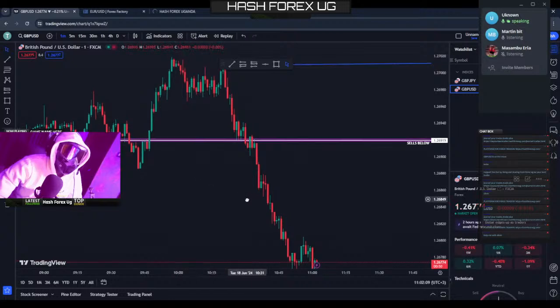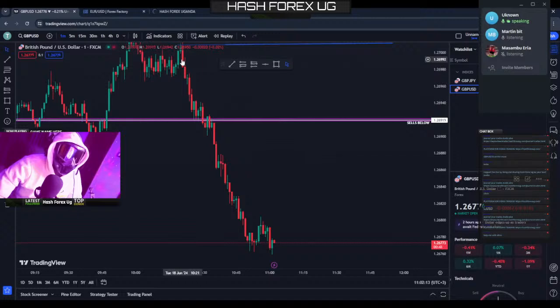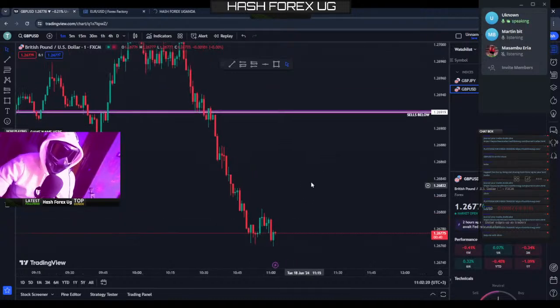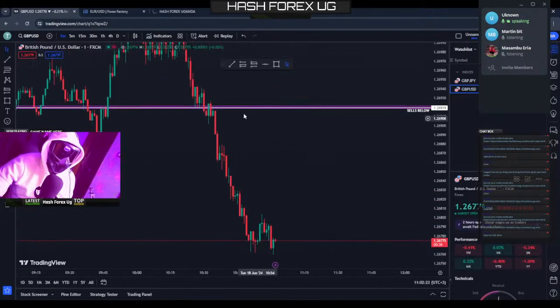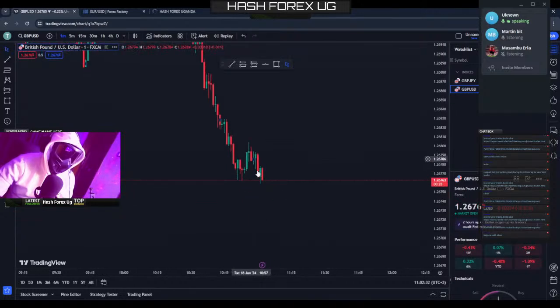Now you ask yourself in this one, how would you have known that this market is going to drop up to here, depending on the market structure? So this move was just confirming to us that we are going to drop. We are most likely to have this downtrend. So after getting this drop, we need to get a very nice pullback.